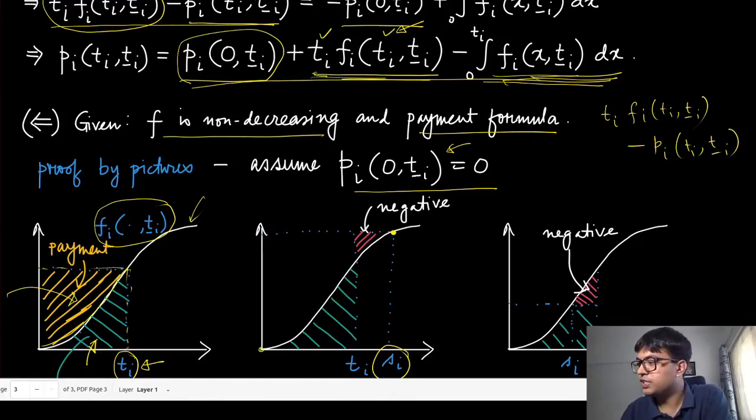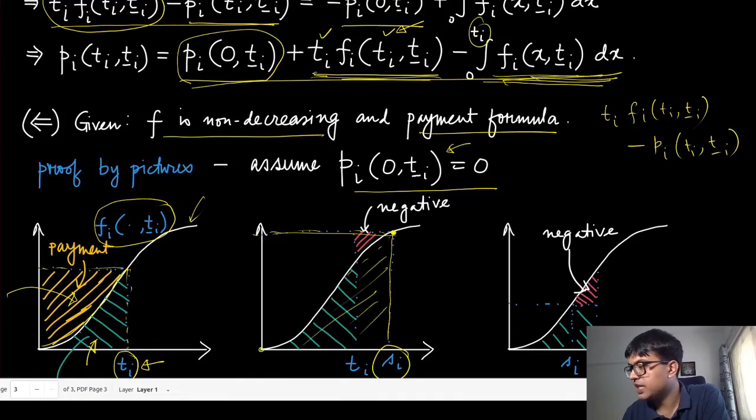So this first term will be nothing but this larger rectangle here now, right? And the second part will again go from 0 to Si, which means this will be this entire area under this curve, and the payment will be nothing but this part here, right? So this is the payment that it is making.